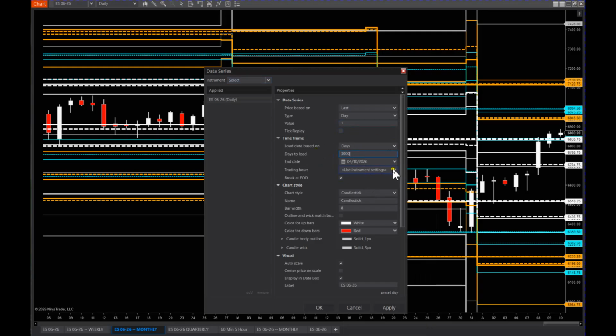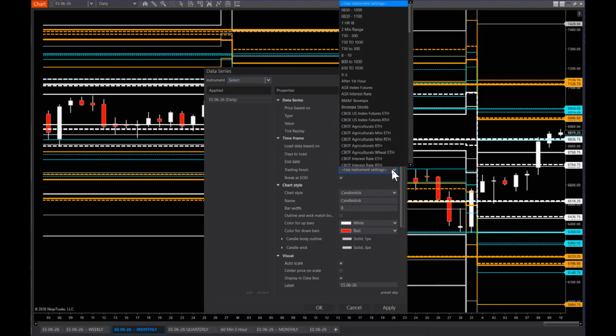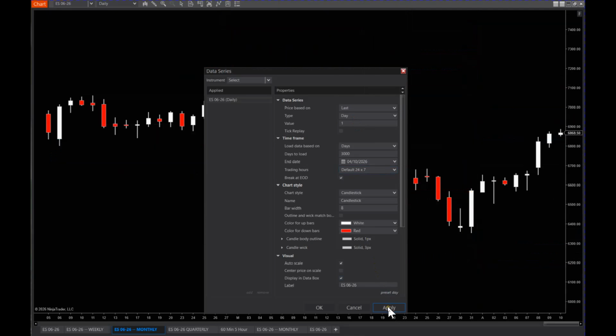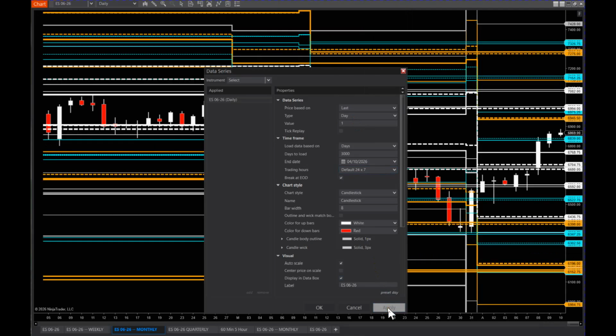And also, if you notice your trading hours, the use instrument settings is different for all instruments. For ES, it's 1700 to 8:30 a.m. So there's 2 hours missing that could affect the way that the plots are calculated if that open or close shifts between those 2 hours during the maintenance period.